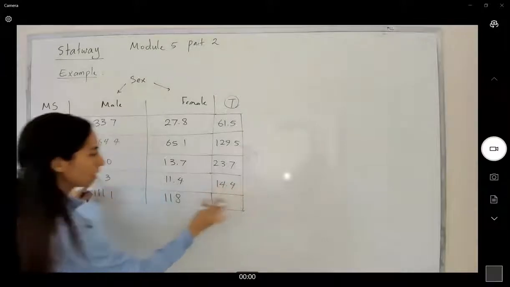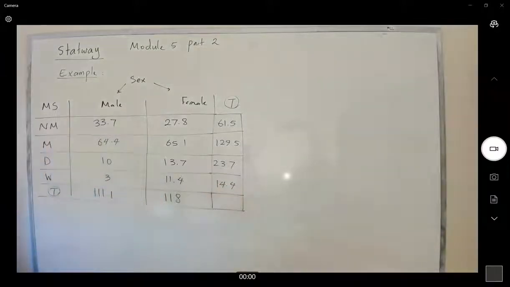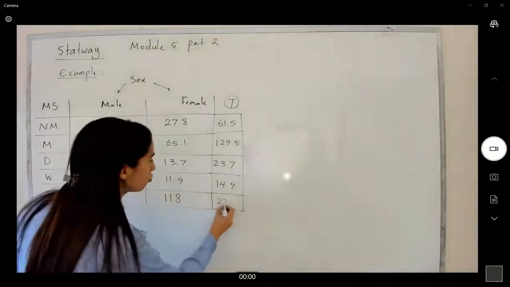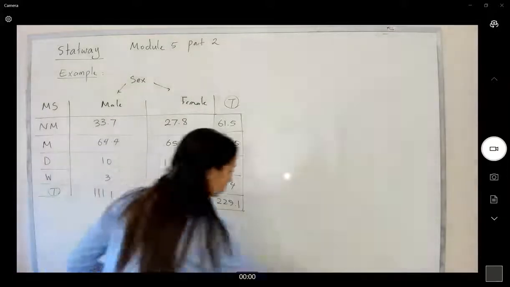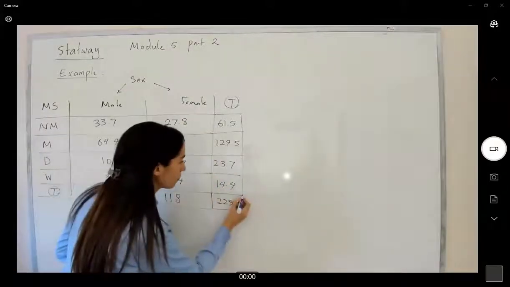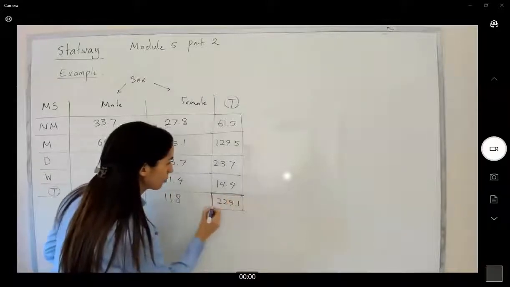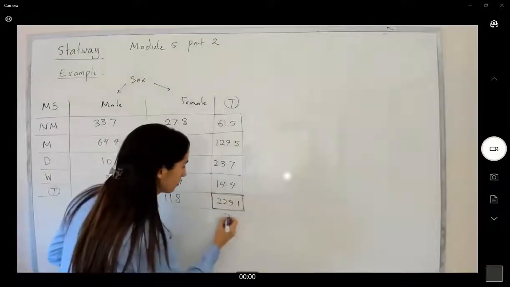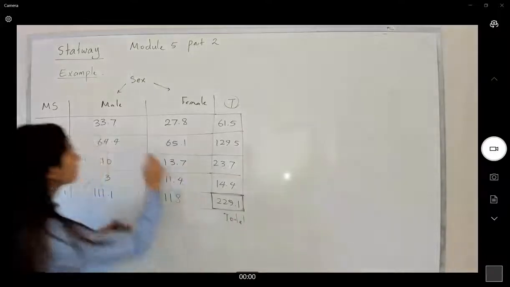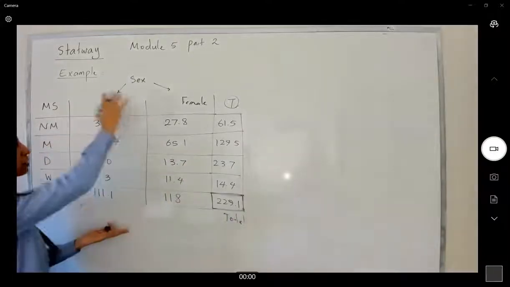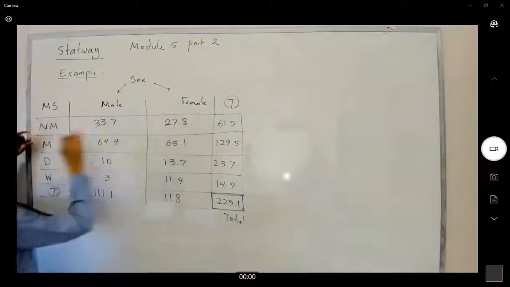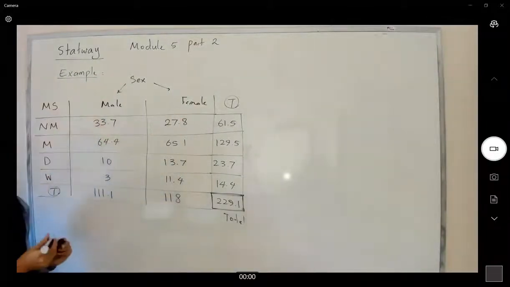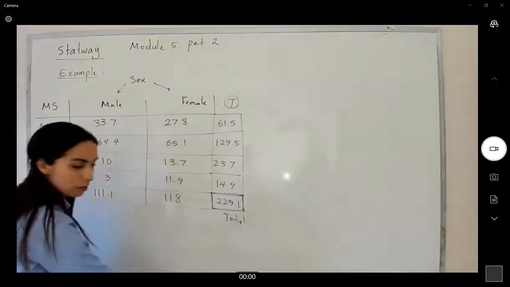And finally, the total number of people who participated in this census is 229.1 million. So this is your total. Again, note that you have the first category for male, the second category for female, and you can also categorize this based on marital status.